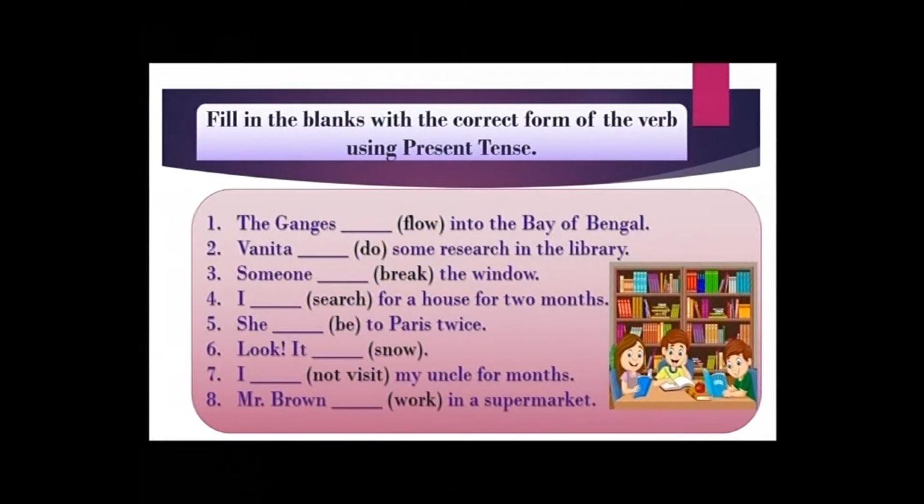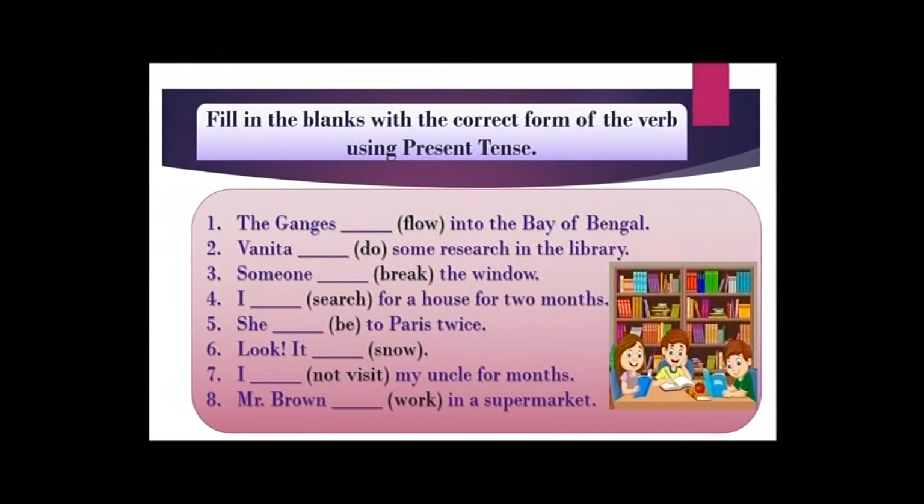Here the verb is flow and you have to use the right form of the tense present. Second, Vanita dash some research in the library and the verb is do.